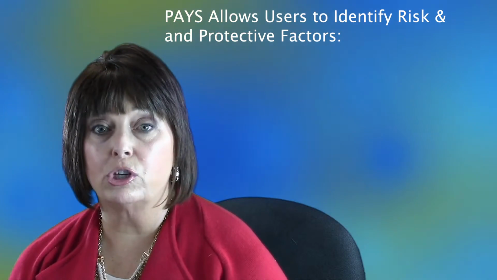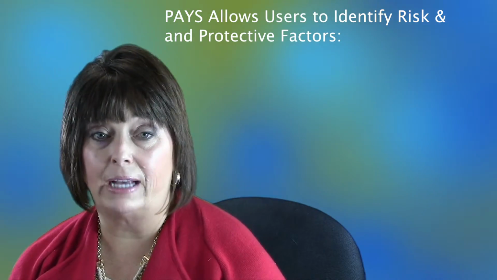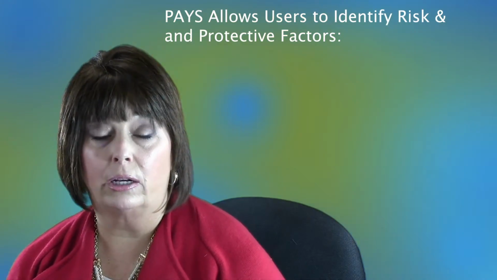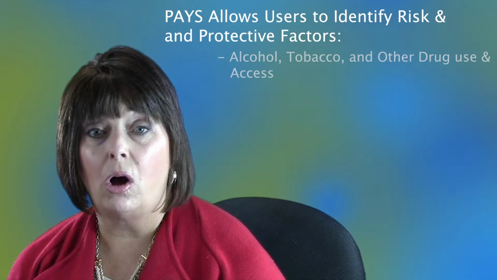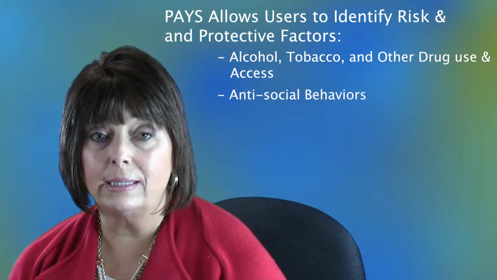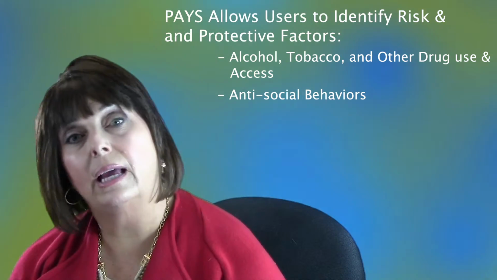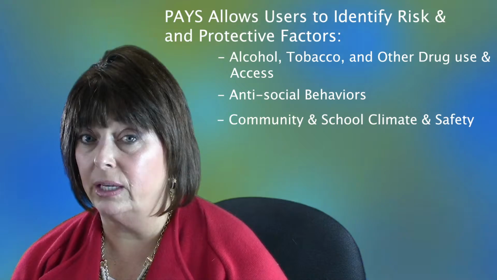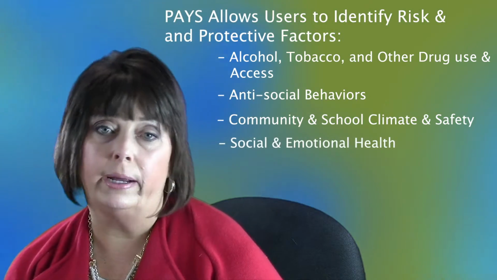It allows users to identify the risk and protective factors underlying many problem behaviors prevalent in a community, such as alcohol, tobacco, and other drug use and access, antisocial behaviors such as violence and interaction between peers, community and school climate and safety, and social and emotional health.